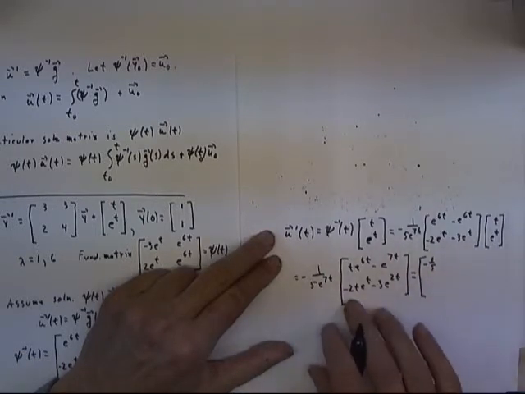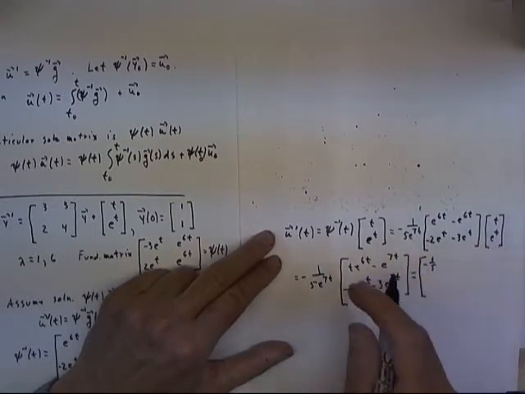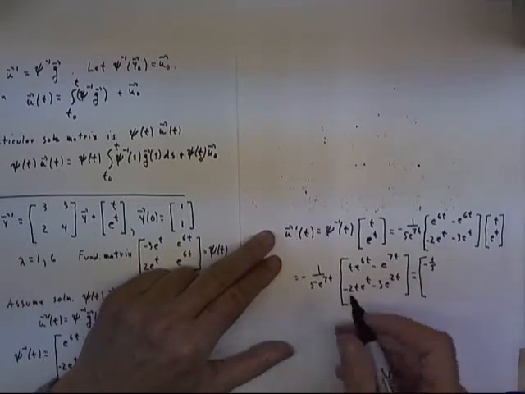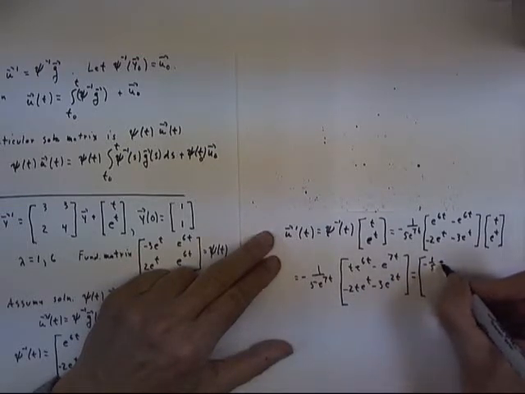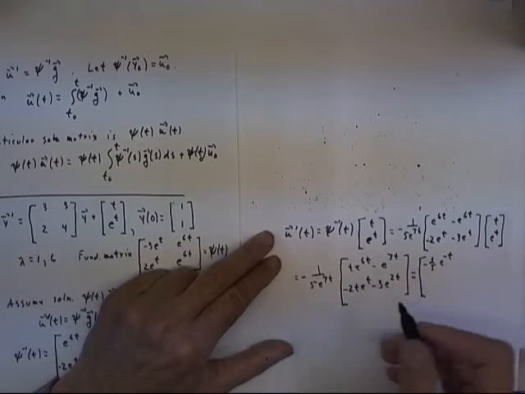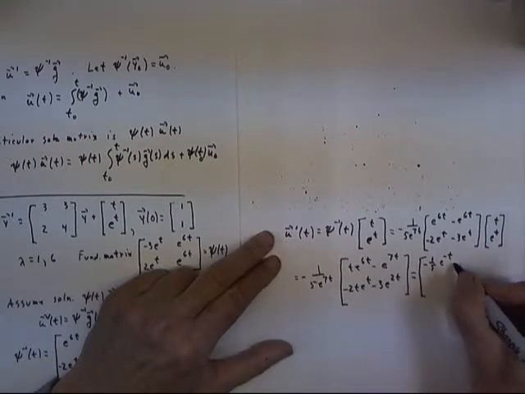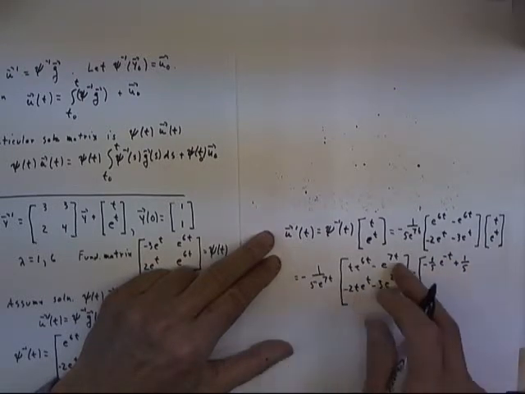Those coefficients will be 2/5, 3/5. But okay, we get negative 1/5 times e to the negative t, trying to be careful here, minus, except that's now going to be plus 1/5, and that's just plain 1/5.